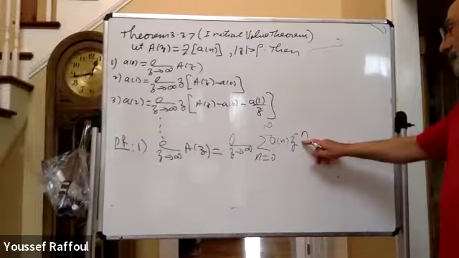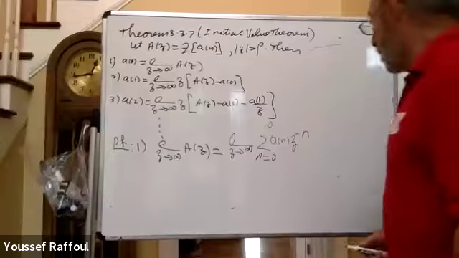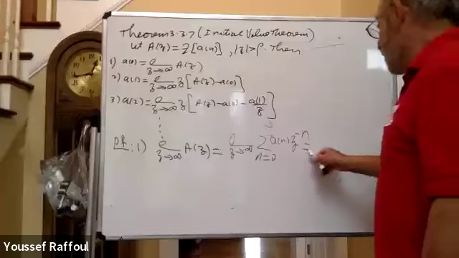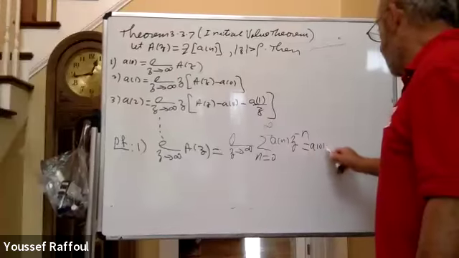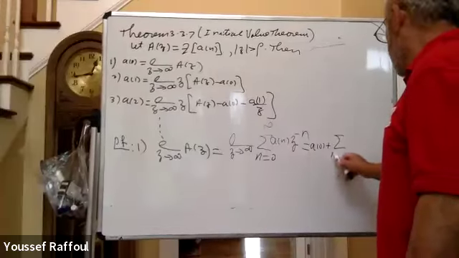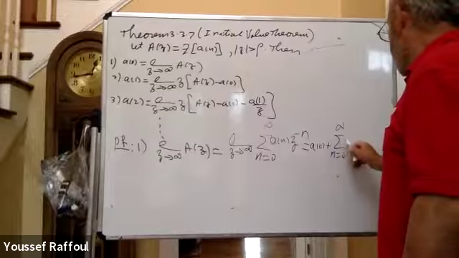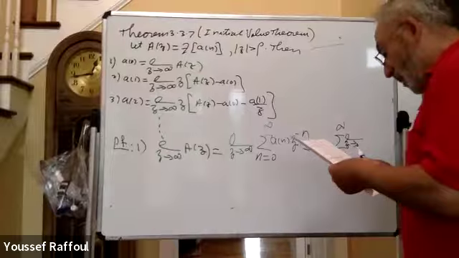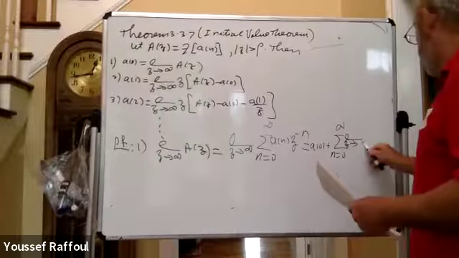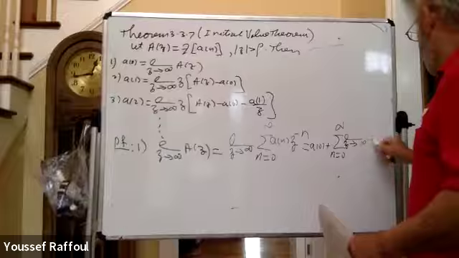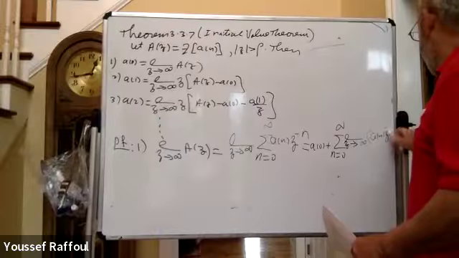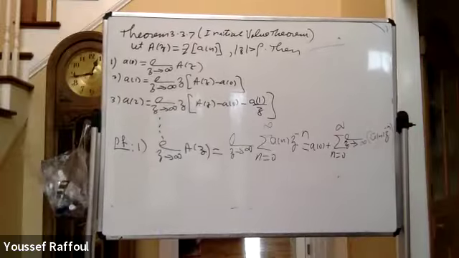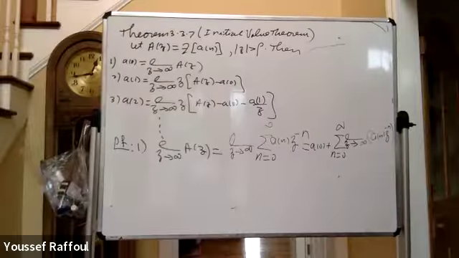But at n equals 0, there is no Z. So this is A0 plus the sum from n equals 1 to infinity of the limit as Z goes to infinity of A_n Z^(-n). Now remember, the series converge.